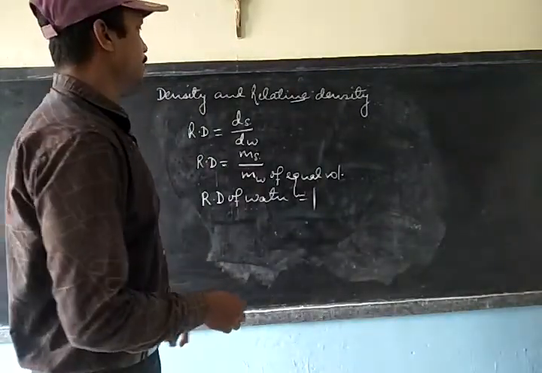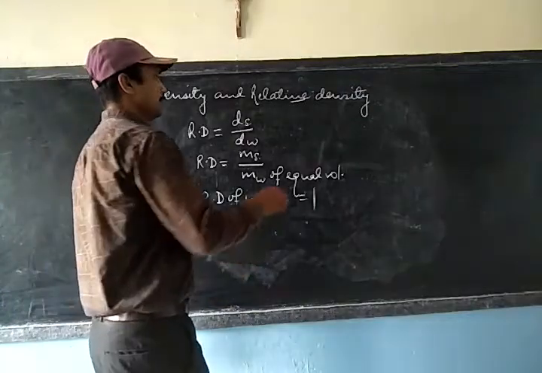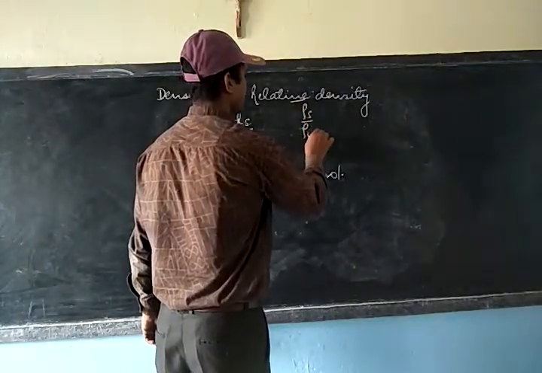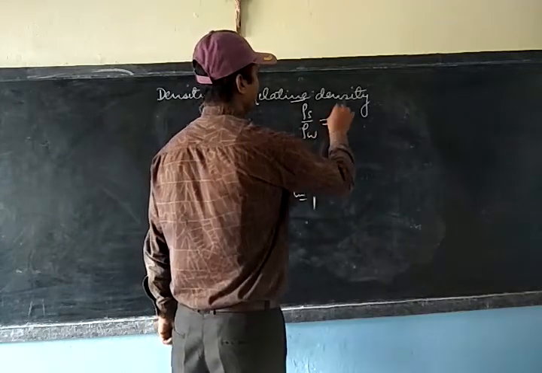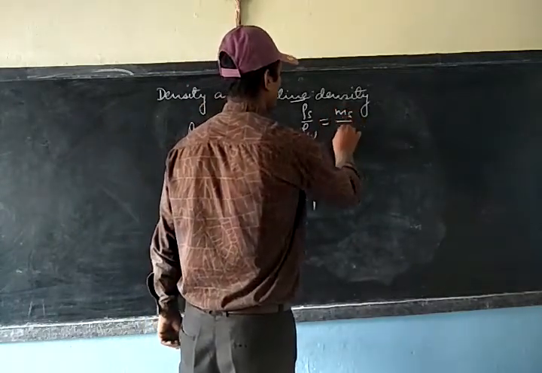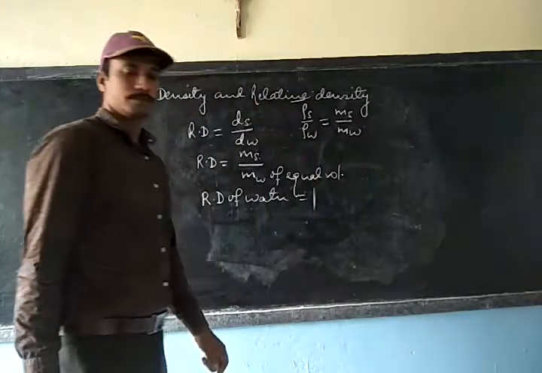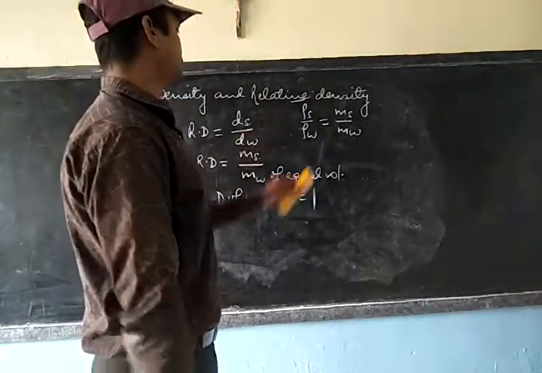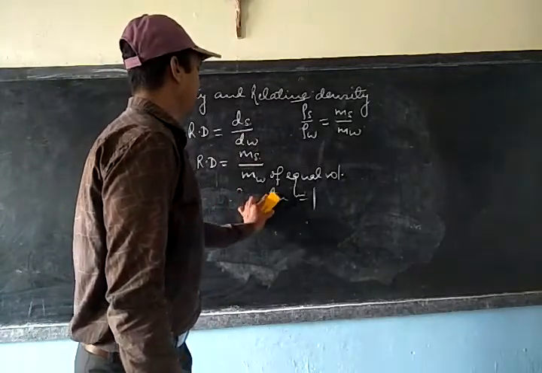There is one relation, let us try to derive that relation: density of substance by density of water is equal to mass of substance by mass of water. How has this come? It is very easy.